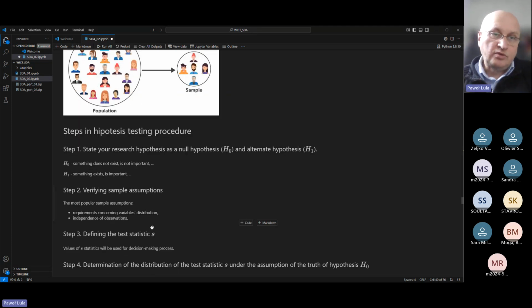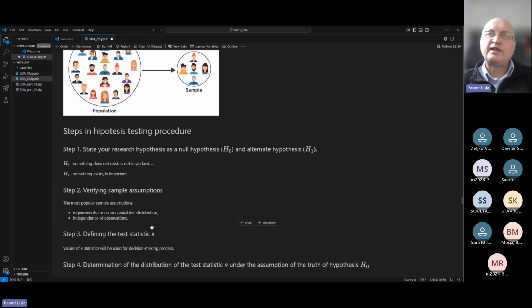When we want to conduct this procedure, we should check some assumptions. In different procedures, these assumptions are different, but it is necessary to check them. These assumptions are defined for a given procedure.